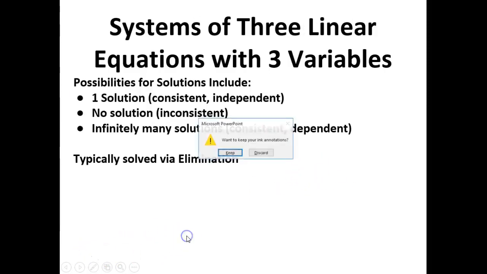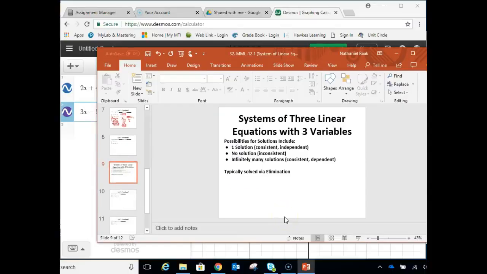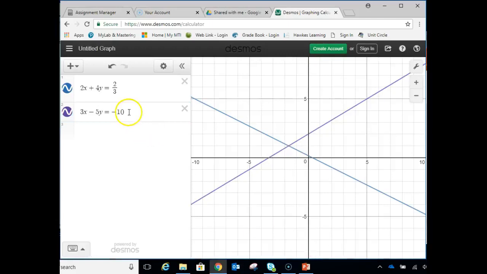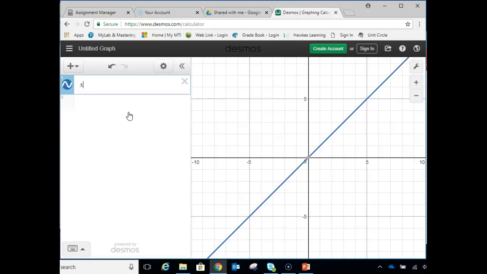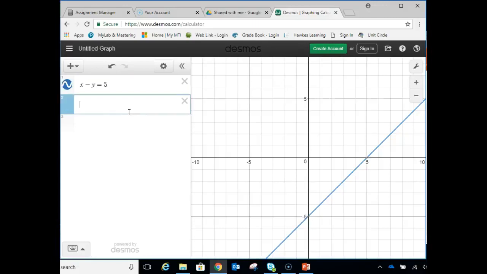So again, let's go over to our graphing calculator so we can get a really good approximation of this. x minus y is equal to 5, and -3x plus 3y is equal to 2.